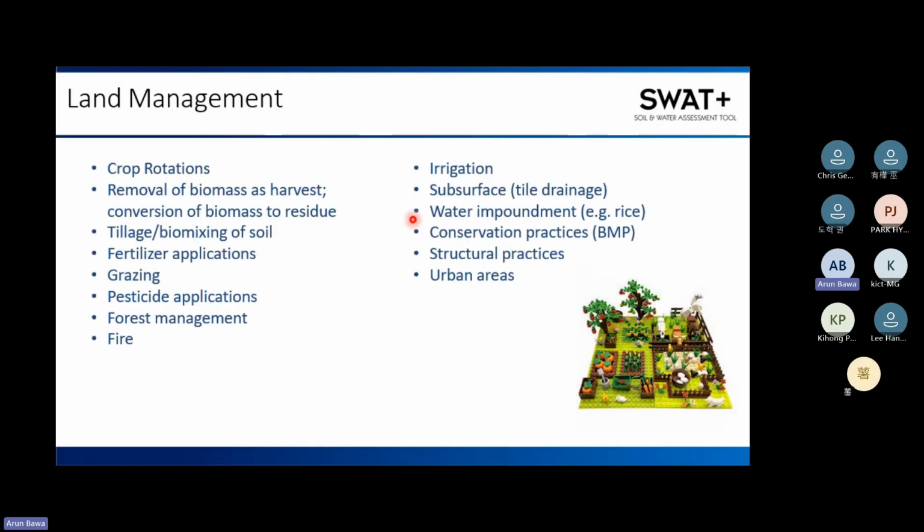So those things. Okay, so this we will do in SWAT on the second day tomorrow.